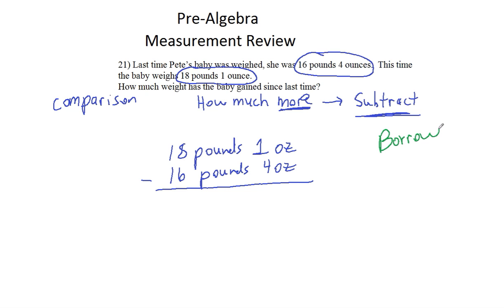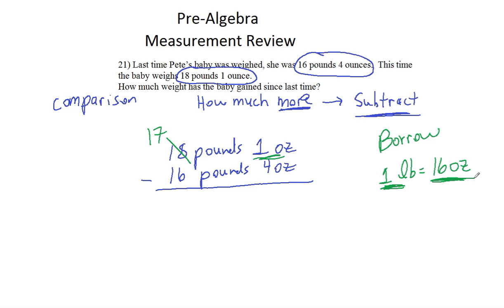And this is where we're going to want to remember the relationship between pounds and ounces. 1 pound is equal to 16 ounces. You've got that on your cheat sheet. So the 1 ounce says 18 ounces, I need some help. Excuse me, 18 pounds, I need some help. Can I borrow? We are borrowing 1 pound, but we're putting it with ounces. So that's 16 ounces that we're borrowing, really.